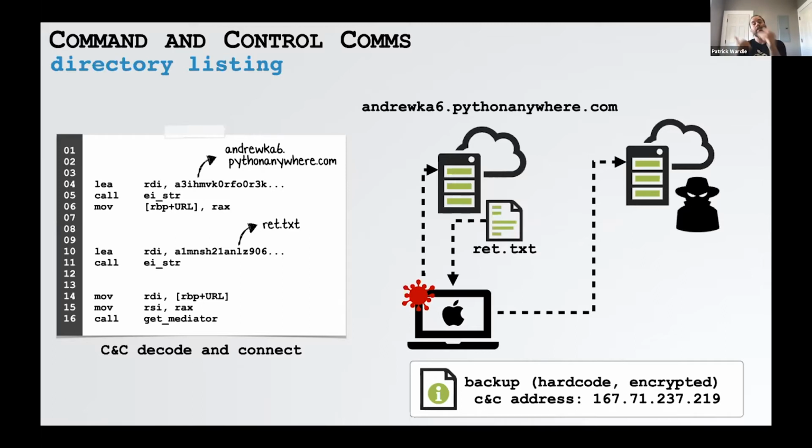It then connects to this URL, attempting to read a file named ret.txt, which it expects to contain the actual address of the command and control server. It then connects to that address as specified in that file. Now, if either of these URLs are offline, the malware does contain a hard-coded address that it will fall back to for its default command and control server.